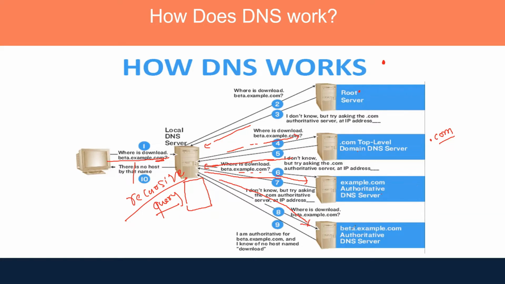If this subdomain contains the IP address of download.beta.example.com, then it replies, yes, I am authoritative for beta.example.com, and gives a positive response.